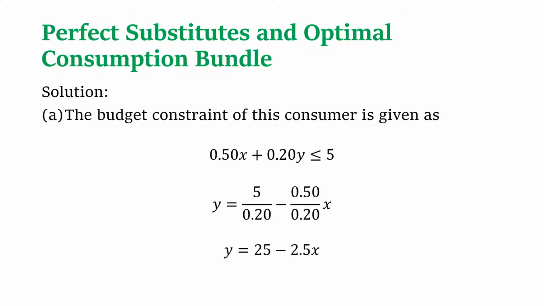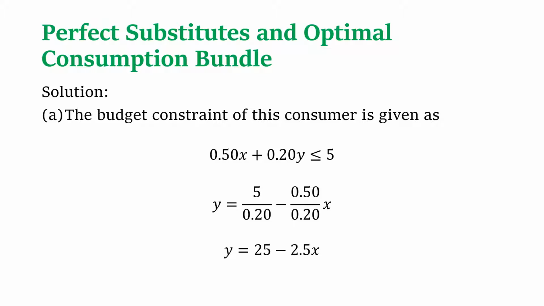So y equals 5 over 0.2 minus 0.5 over 0.2 x. So what I did here was I just take 0.5x to the other side of the equation, and that gives me minus 0.5x. So if I divide both sides by 0.2, I'm going to have 5 over 0.2 minus 0.5 over 0.2, which is y equals 25 minus 2.5x.